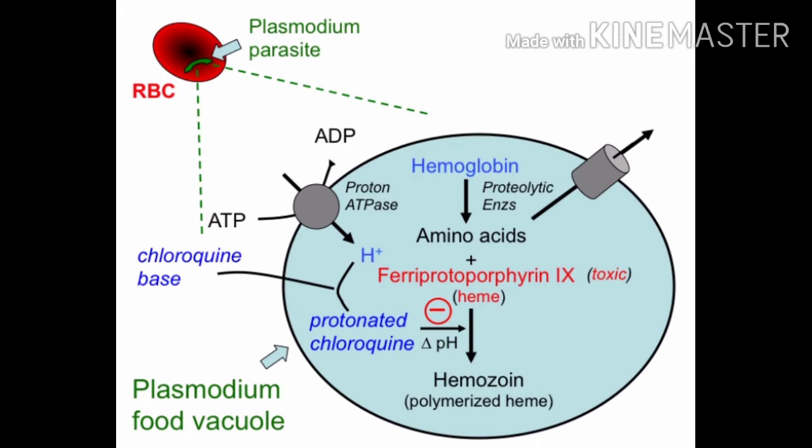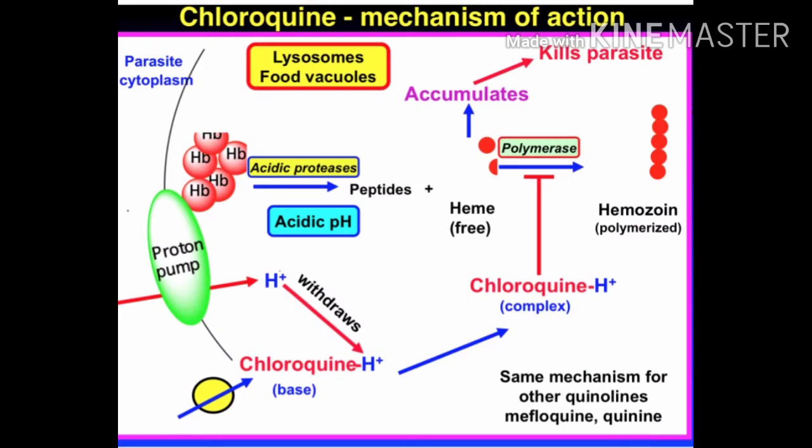This drug inhibits DNA and RNA biosynthesis and induces rapid ribosomal RNA degradation. The inhibition of protein synthesis is also observed as a secondary effect. This is the general antimicrobial mechanism of action of chloroquine. Chloroquine accumulates in very high concentration in the parasite food vacuole.